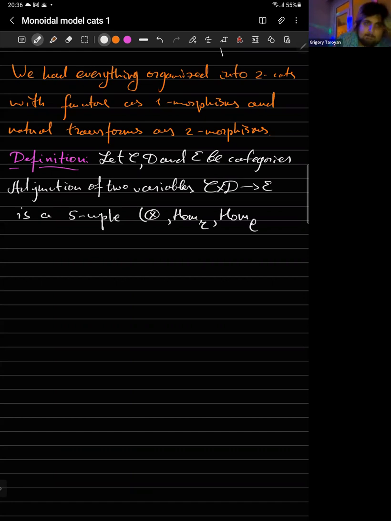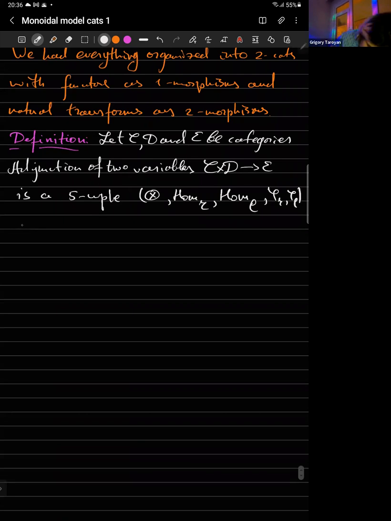So we have this quintuple consisting of a tensor product, 2 home functors, 1 for the left and 1 for the right, and 2 natural transformations. So let me give it in a bit more detail.